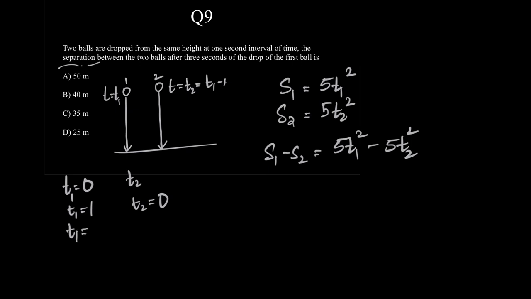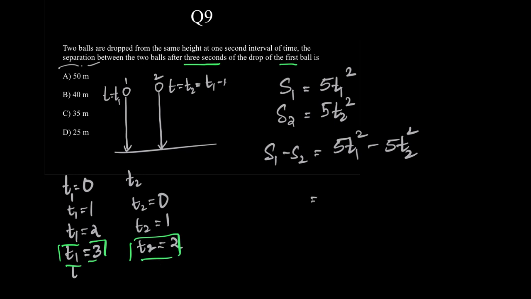At t1 being 2 seconds, t2 would be 1 second. At t1 being 3 seconds, t2 would be equal to 2 seconds, and so on. According to the question, we've been asked to find out after 3 seconds of the drop of the first ball. So after 3 seconds, which means at t1 equal to 3, t2 would be equal to 2.